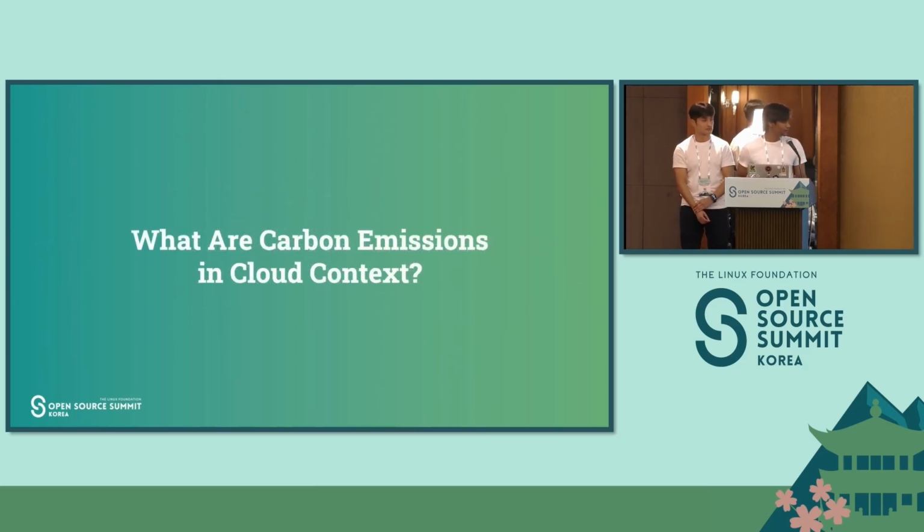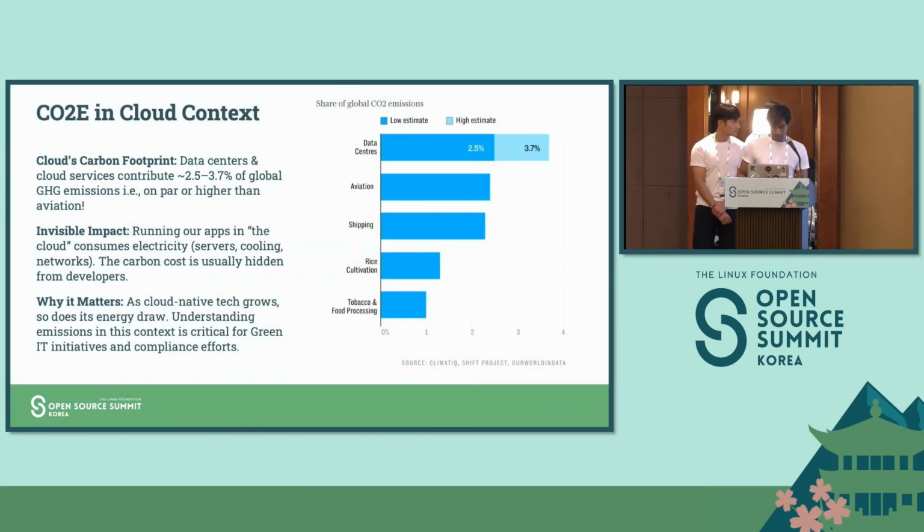What are carbon emissions in the cloud context? Let's talk about that. We often think of the cloud as this weightless, almost invisible thing, but in reality, it has a very real carbon footprint. Data center and cloud operations contribute around 2.5 to 3.7% of global greenhouse gas emissions.